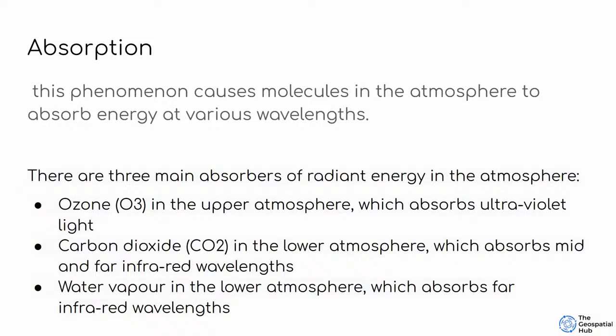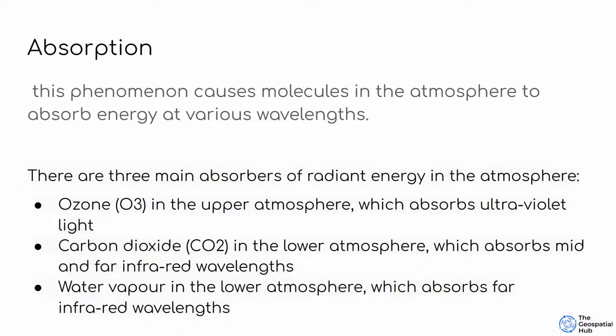We have the ozone, the carbon dioxide, and water vapor as the three main atmospheric constituents that absorb this radiation. The ozone serves to absorb the harmful ultraviolet radiation from the sun.